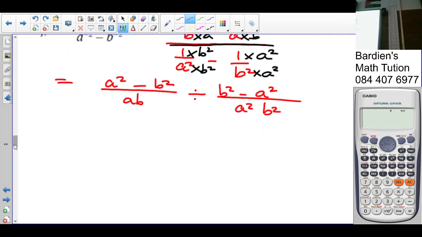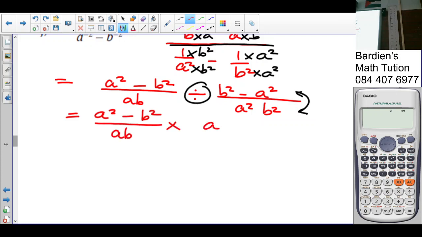So what do I do now? Tumble and times. So it will be A squared minus B squared over AB times A squared B squared over. Okay, now if you look at B squared minus A squared, it will link up with A squared minus B squared.